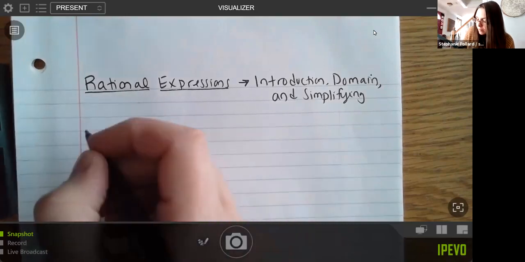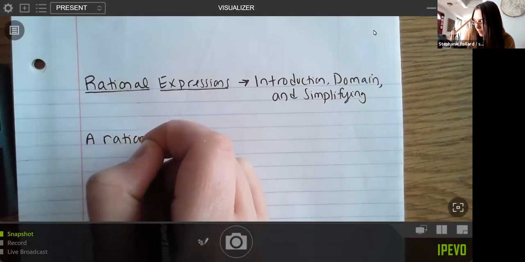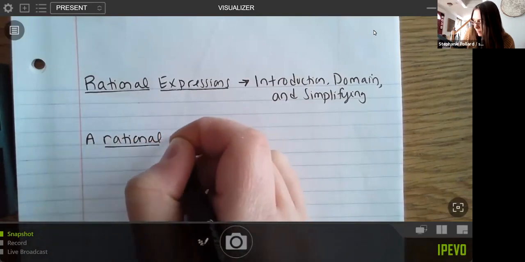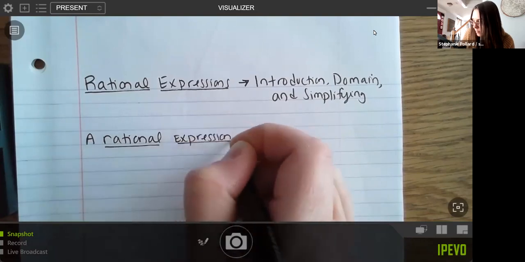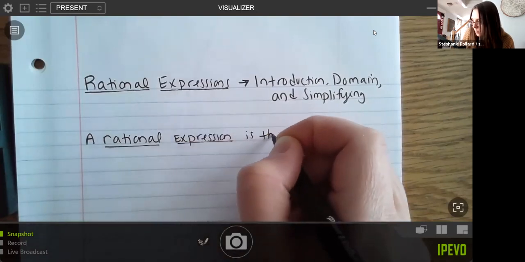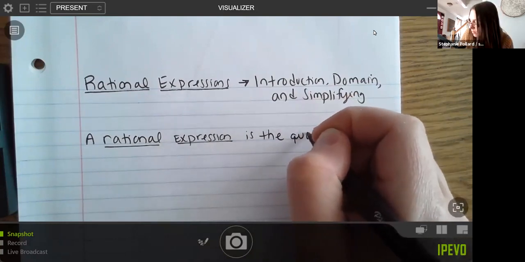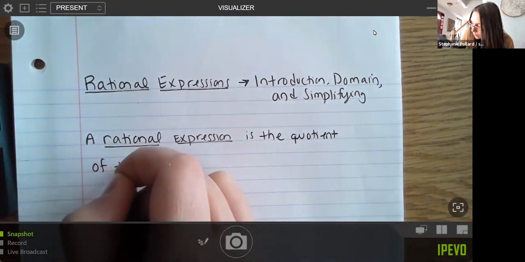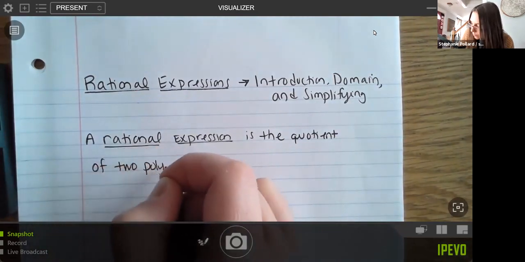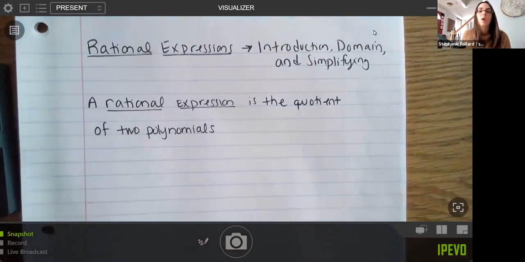So first, a rational expression is the quotient of two polynomials. So quotient means division.